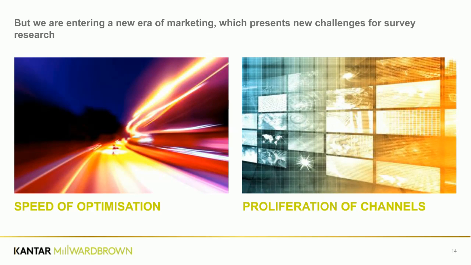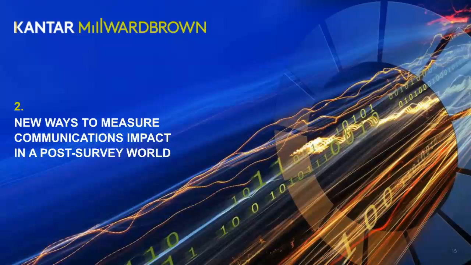And we think that's an issue because we think that risks having our campaigns become more and more dominated by short-termism when we know that the strength of a brand is really important in the long term. So one of the things that we as a company have been doing over the last few years is looking at whether there are new ways to measure these kind of communications impact on brands using some of these same indicators that are available digitally.